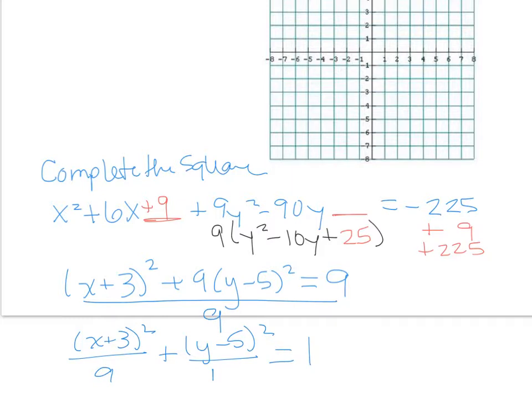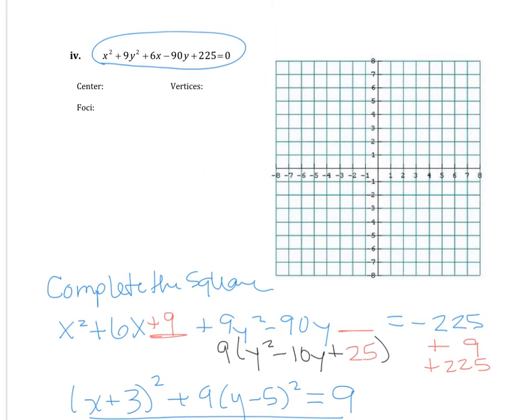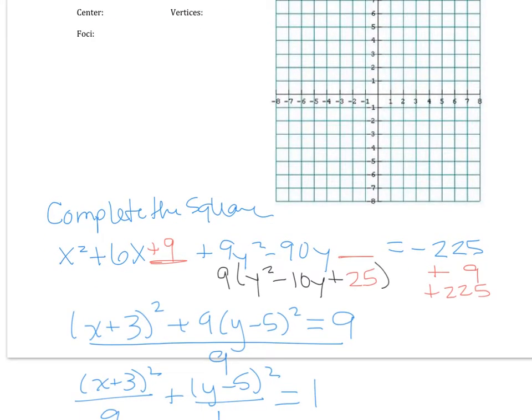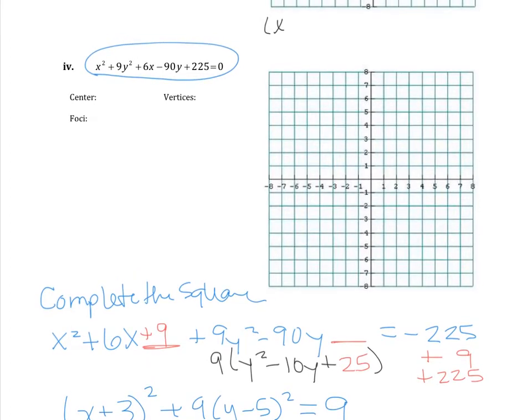Okay, I'm going to actually rewrite this equation up at the top so I can see it. So our equation was x, make sure I get it right this time, x plus 3 squared over 9, plus y minus 5 squared over 1 equals 1.